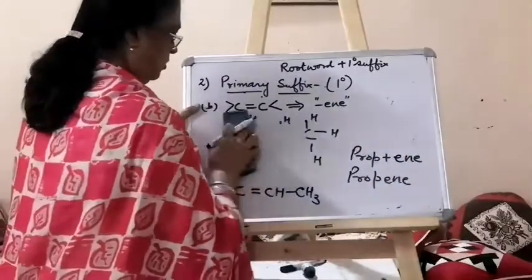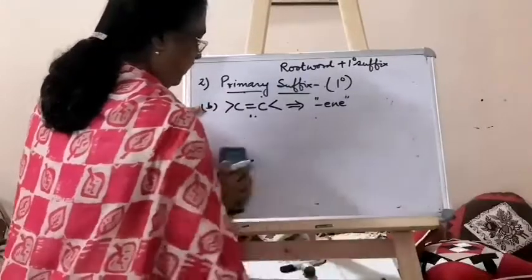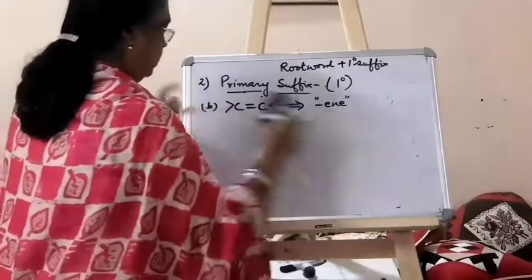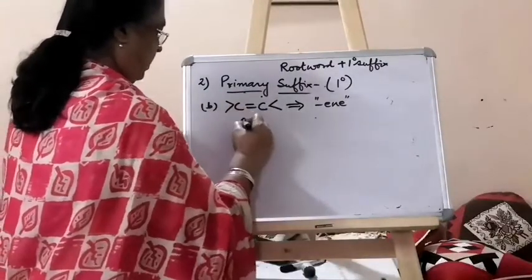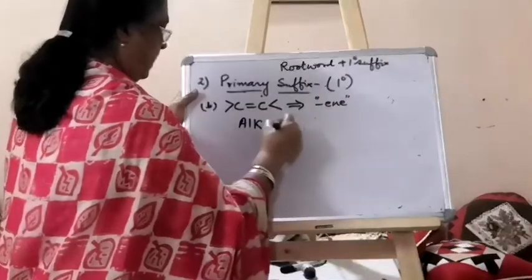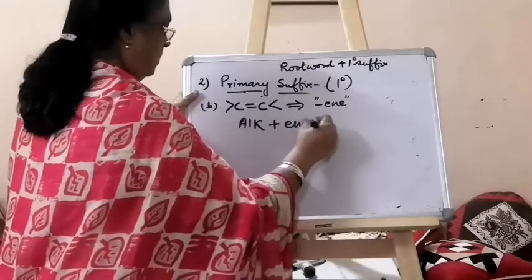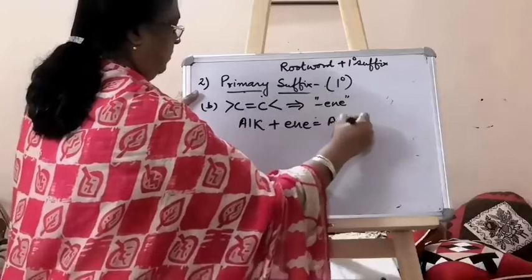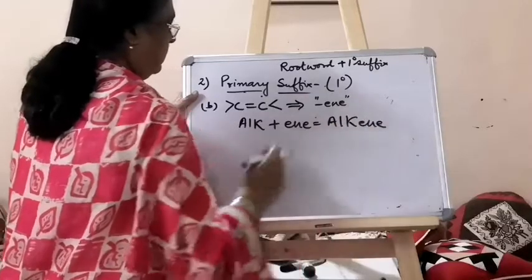Okay. So the general name will be what? Alk plus ene. So if I join it together, it will be alkene.